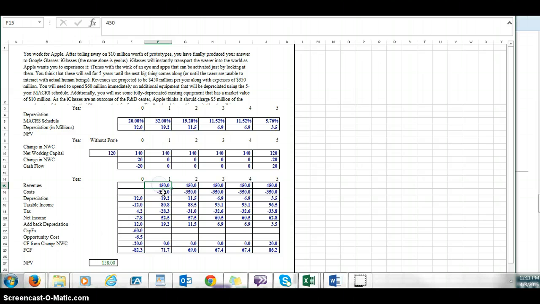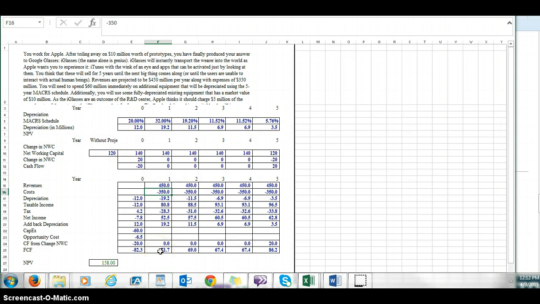You calculate your revenues, your costs, and depreciation to get the free cash flows. You're going to calculate your changes in net working capital, same as before. There's not as much change in net working capital going on in this problem as there was in the last one, but the process is still the same. When you get down to the bottom, you want to calculate your NPV.